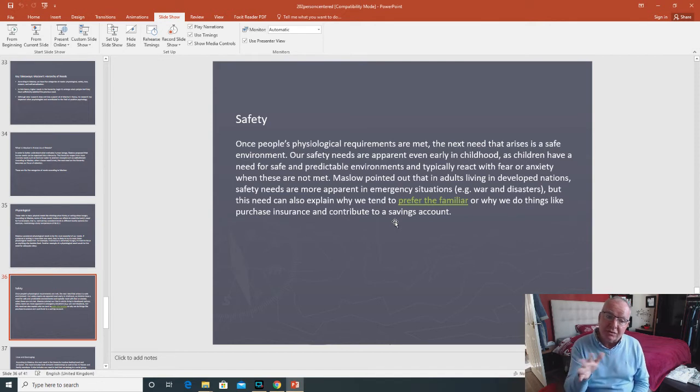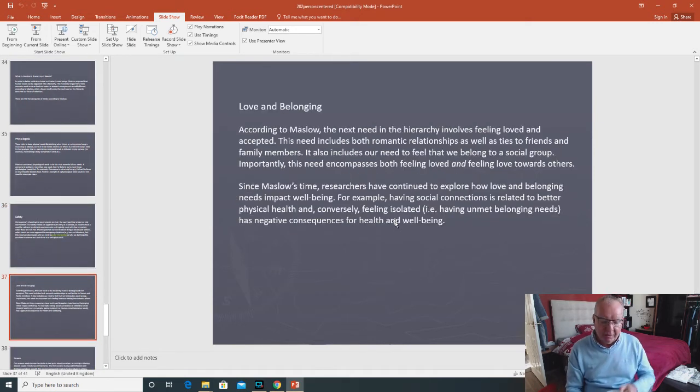And also we have this other aspect that will look at the more practical things like insurance and keeping us safe, making sure that we can maintain our home in the event that we maybe have a burglary or we have a flood, and so on. And also contributing to a savings account. Quite often when our basic needs are met, when we can afford to, we all start putting a little bit away for a rainy day or for retirement, as I'm doing at the moment. And so we move on, and I have another drink of my coffee.